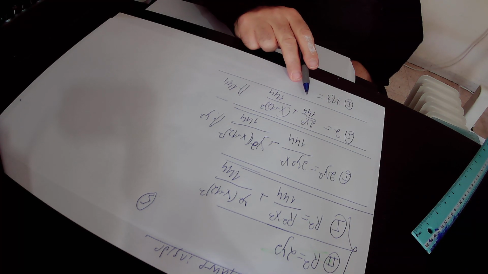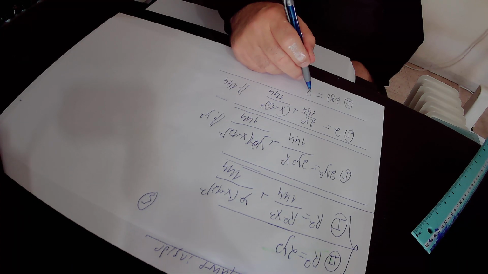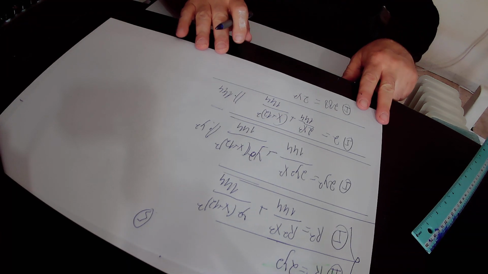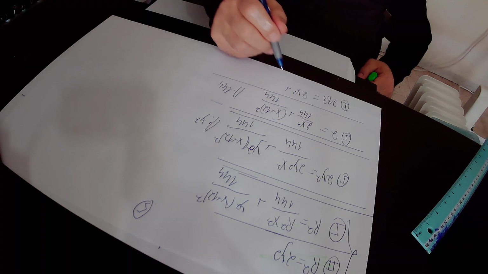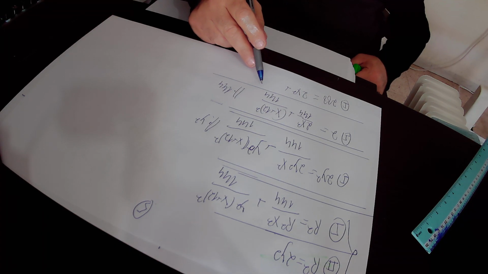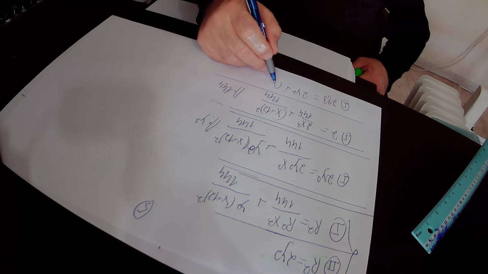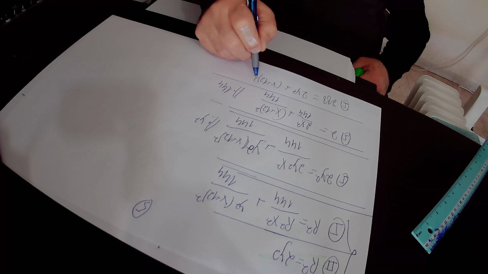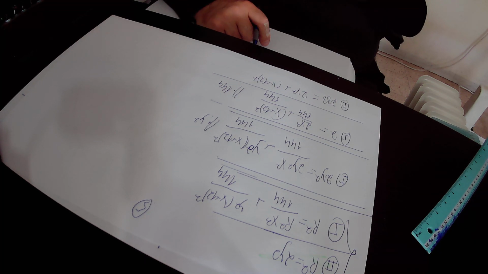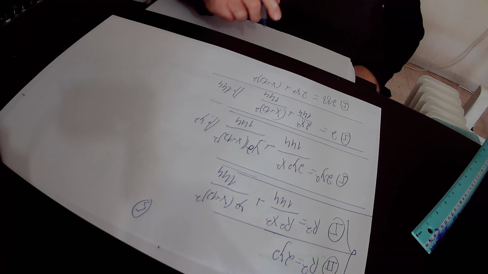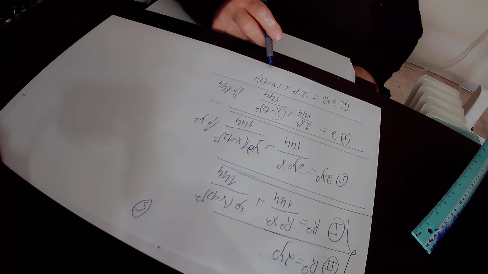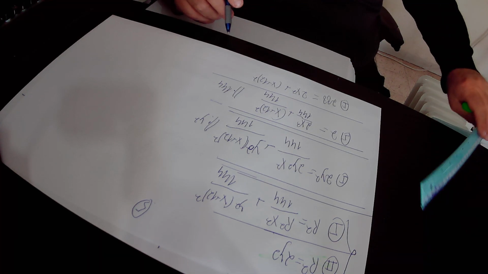Here 144 will get cancelled, and we are left with 2x squared plus, here 144 will also get cancelled, and we are left with x plus 12 squared. In the next step, we'll open the brackets of this expression.